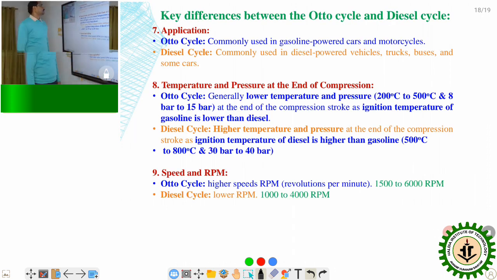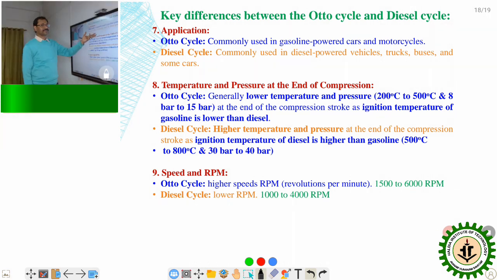Next, application. You know Otto cycle, that is gas engine or petrol engine, is used in four-wheelers or two-wheelers, and diesel cycle in commercial vehicles, bus, truck, train, etc. Then temperature and pressure at the end of compression. I have already told you that in the Otto cycle, temperature and pressure at the end of compression are lower than the diesel cycle.